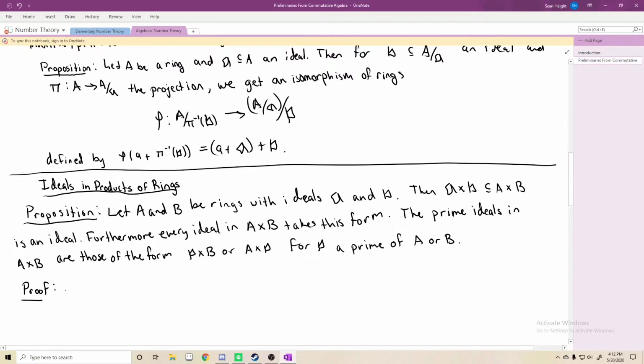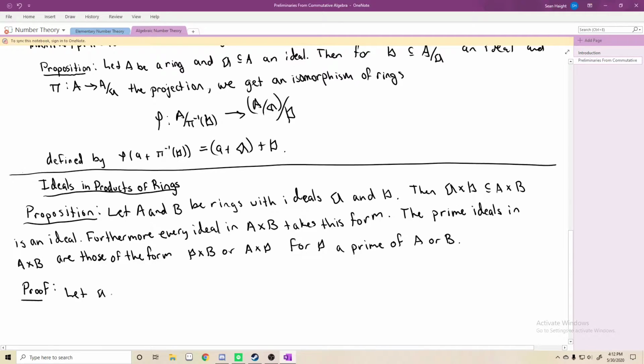So there are really three claims here. The first claim is that the product of two ideals, one in A and one in B, is an ideal in the product. I'm not going to prove this one too much in detail. I'll just say that it's relatively straightforward using the definition.